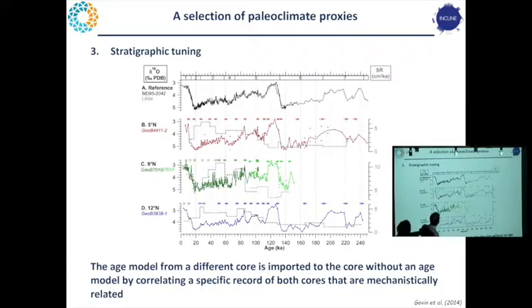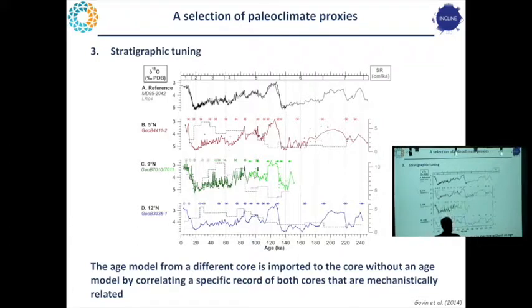All right, and we have these three records, marine cores coming from different places in the equatorial Atlantic, 5 north, 9 north, 12 degrees north, and we don't have age models for them, but we have the delta 18O composition of the benthic foraminifera, and we can tie. Look how these features are similar to those features.